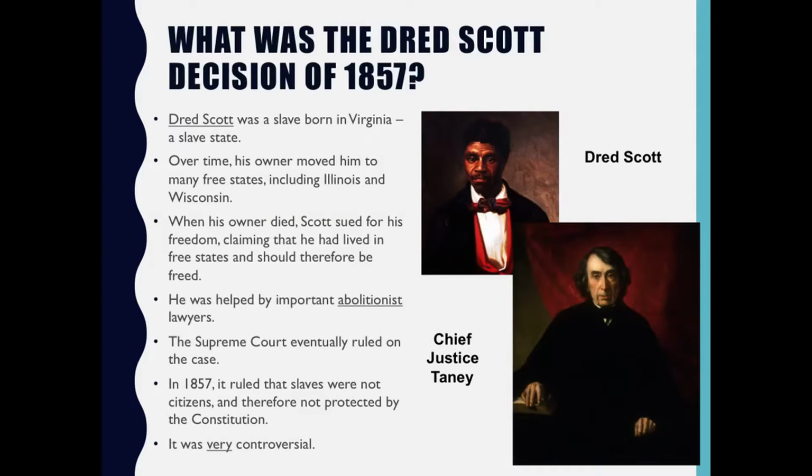So the Supreme Court eventually issued a ruling. The gentleman you see on the right there was Chief Justice Taney of the Supreme Court. He has a lovely statue of him on the grounds of the Maryland State Capitol. And in 1857, the court ruled that slaves, since they were not citizens, because they were not considered people, were not protected by the Constitution, and therefore did not have the right to even sue in court for their freedom.